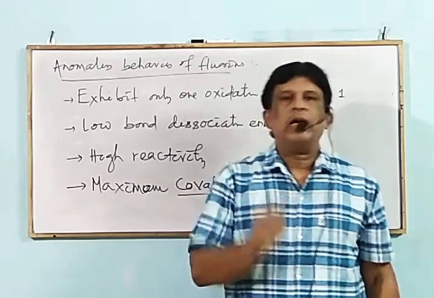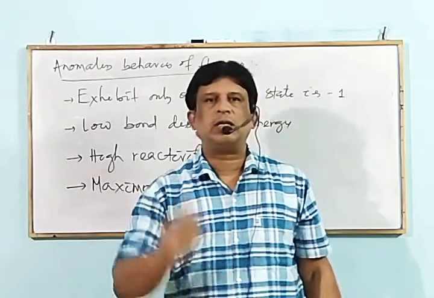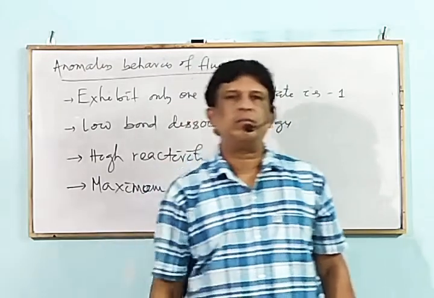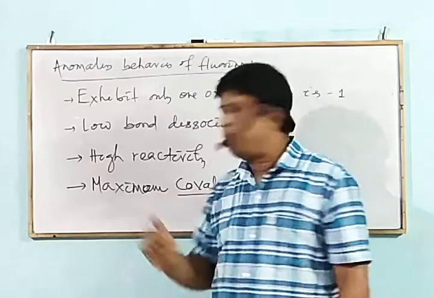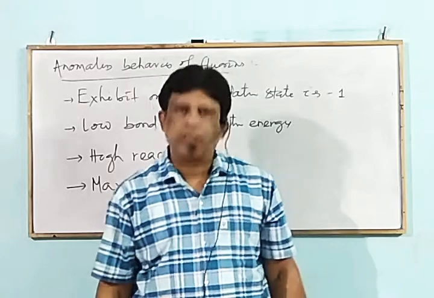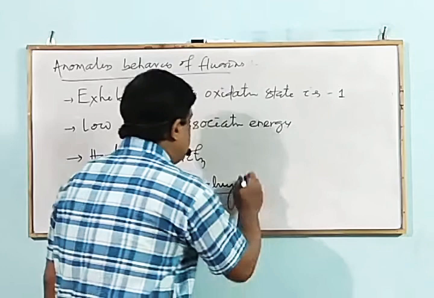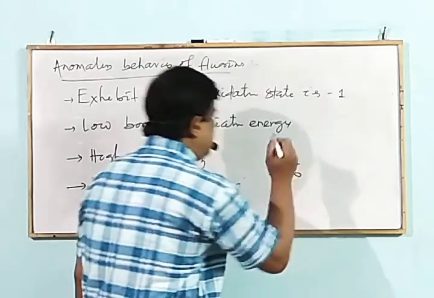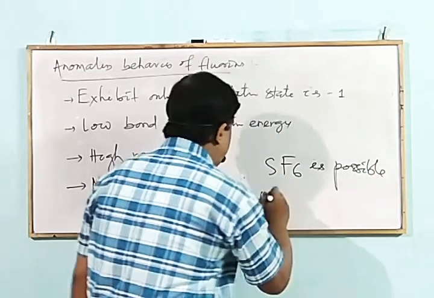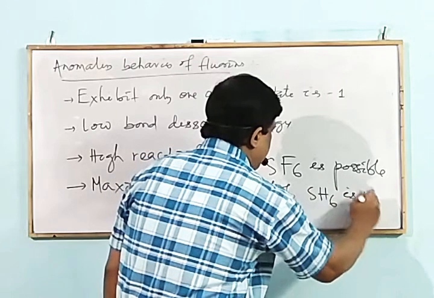Due to, I repeat again, smaller atomic size, low bond dissociation energy, the maximum number of fluorine atoms combine with the central atom. Due to this reason, SF6 is possible while SH6 is not.